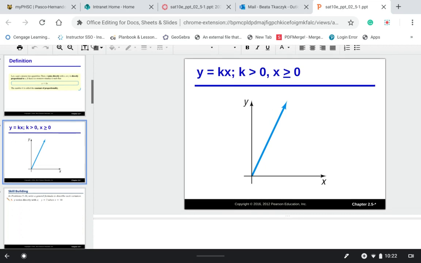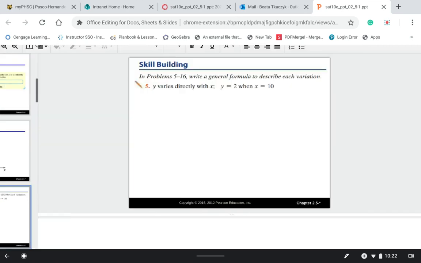So what I'm going to do with you guys is solve a problem from your textbook. This is problem number 5 from page 191. In this problem, I want you to write a general formula that describes each variation. Here we have that y varies directly with x, and we are given that y is equal to 2 and x is equal to 10.